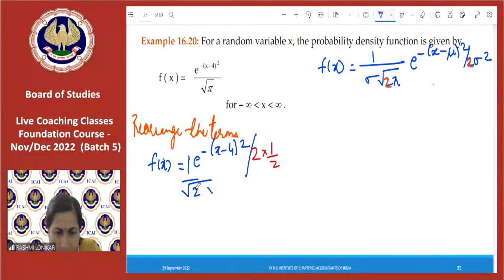What do I have here? I simply had square root of pi. Instead of that, I am writing 2 into 1 upon 2 into square root of pi.